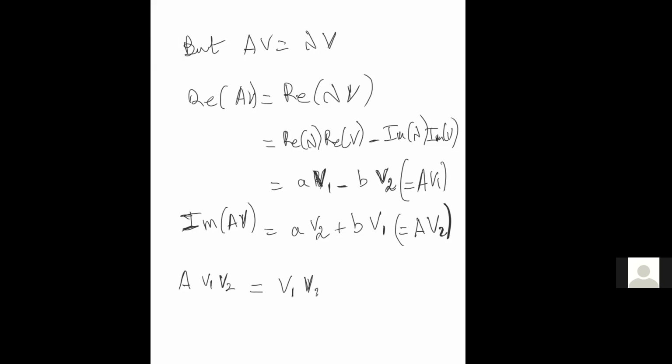Now I put this matrix on this side, and I want to write a matrix such that I have equality. This is the product of two matrices. Because A V1 is a V1 minus b V2, I will write here a, minus b, which is the product of matrix line times column.